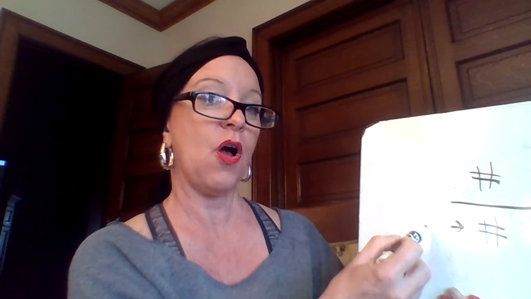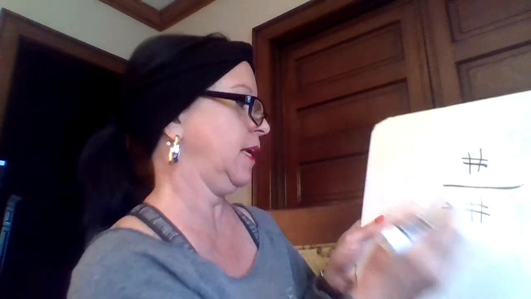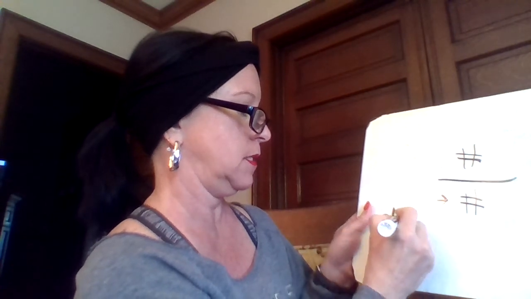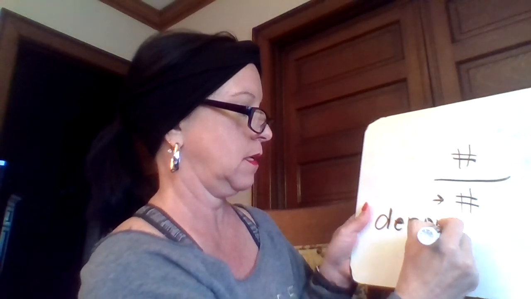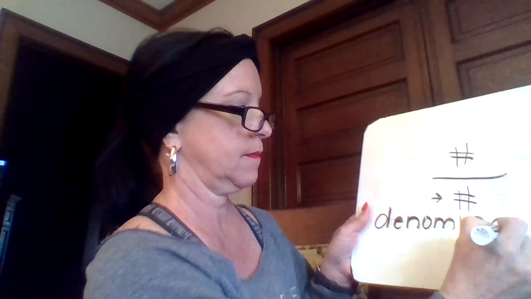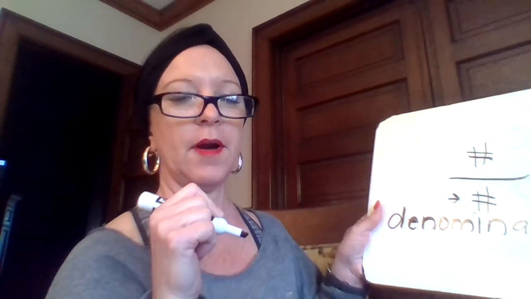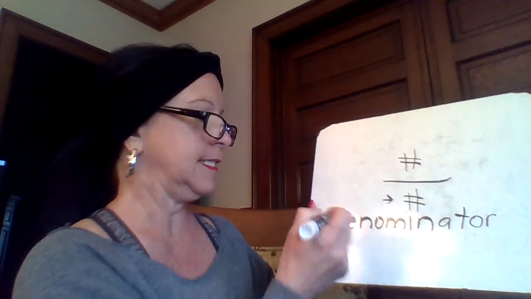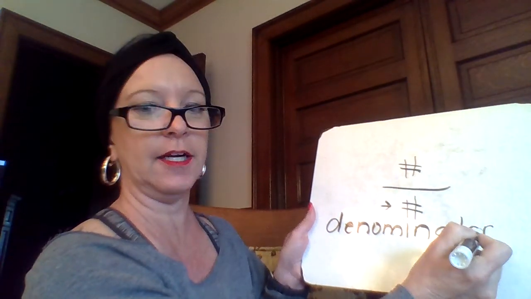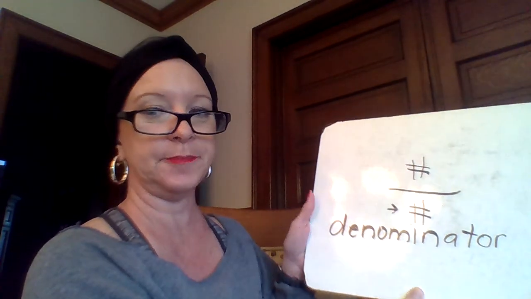I think this was one of our questions on our morning message. It is called the denominator. Let me write denominator. Say that with me: denominator. Denominator is the bottom number.